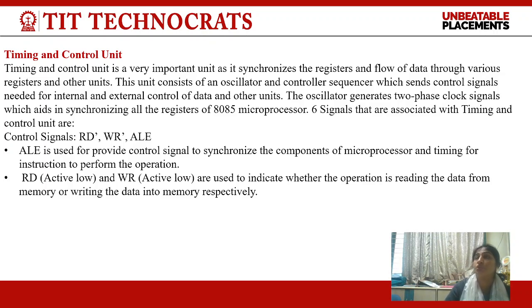Whenever we need to fetch data, the ALE signal is used and it demultiplexes the address and data buffer. Then there is the read signal; whenever we need to write anything in the memory, we use the write signal.